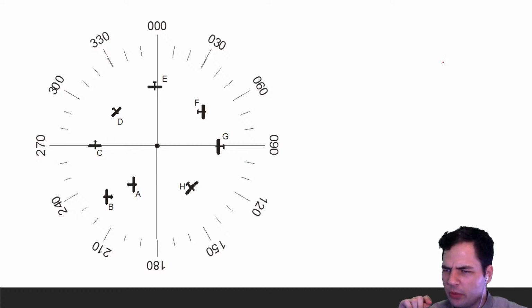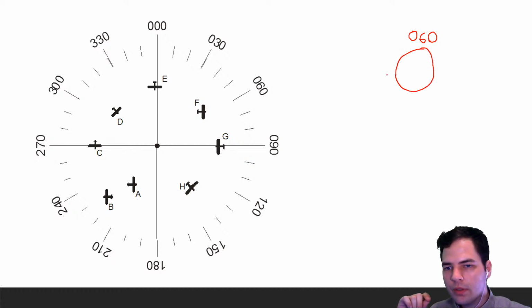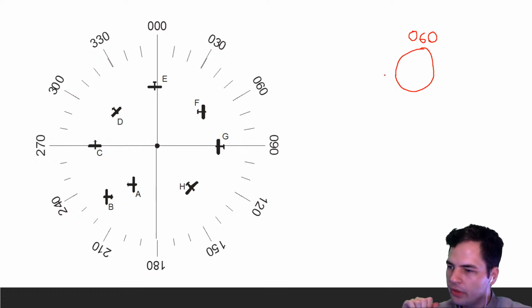I'm trying to think of a tricky one. 060 at the top. I want to figure out what each of the airplane's indications are going to be.